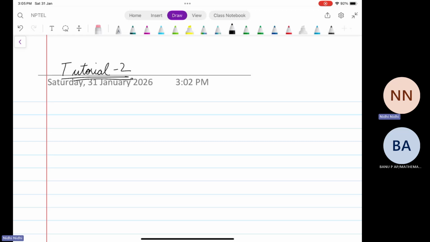Okay, so let us continue with the problem that we left in the previous session. I'll just recall the problem statement. Question number one. Let an be a sequence of real numbers.